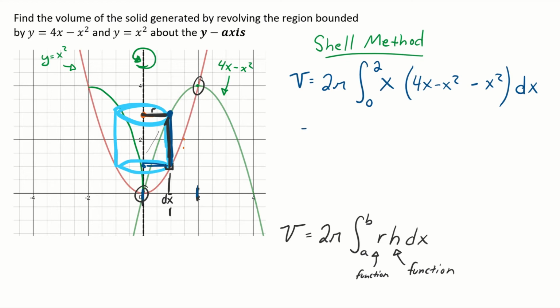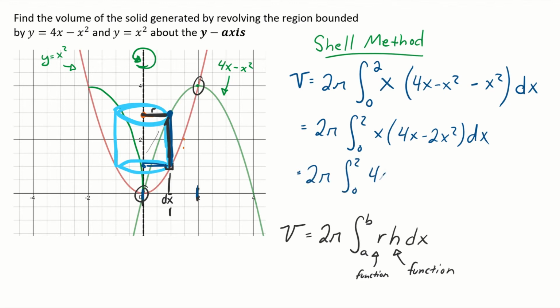Okay, now we can simplify this a little bit. Before we integrate, I will first combine on the inside, and you get 4x minus 2x squared dx. Let's go through it one more time and distribute the x. 4x squared minus 2x cubed. We've done the heavy lifting now, and now it is just on to doing some power rule integrating.